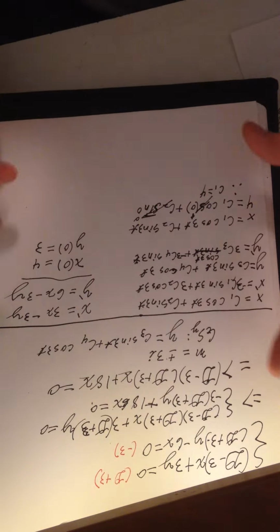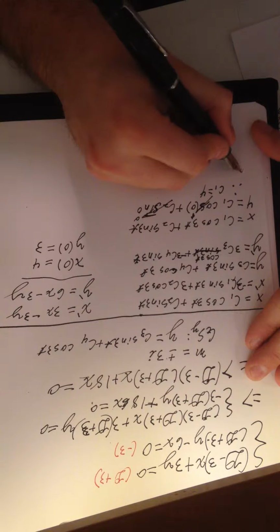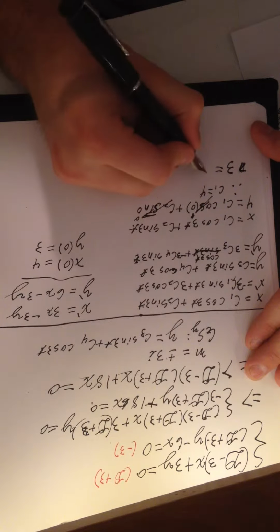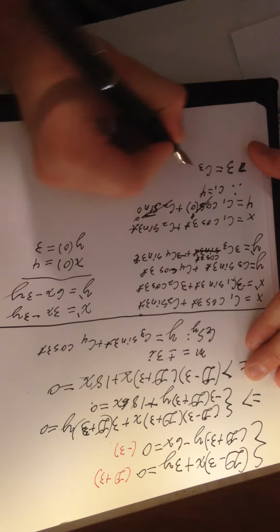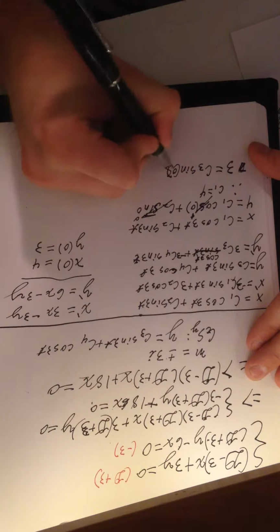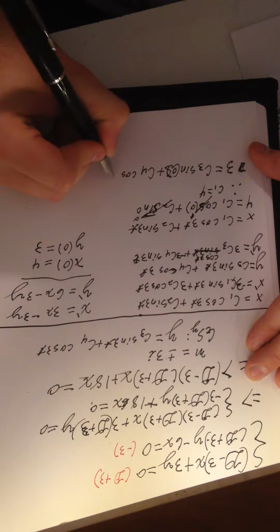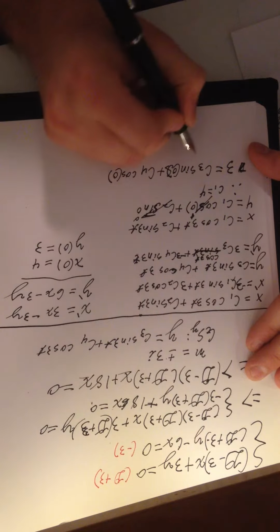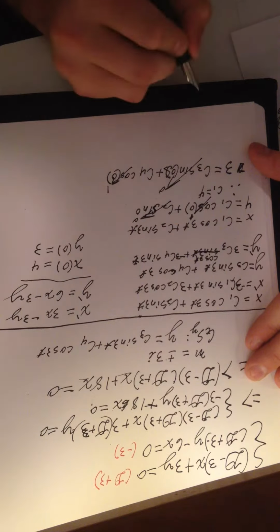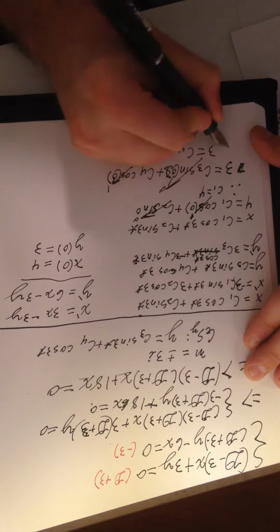Next thing is also just as obvious. Do the same thing for y, and we will find out that 3 is equal to c3 sine of 0 plus c4 cosine of 0. Of course, sine of 0 becomes 0 again, and the cosine of 0 becomes 1, and therefore we can say our c4 is equal to 3.